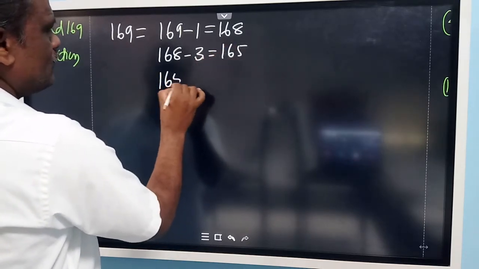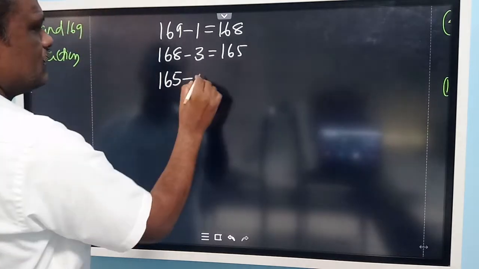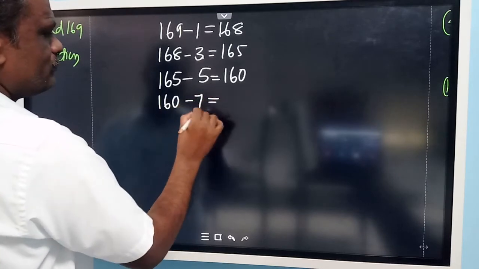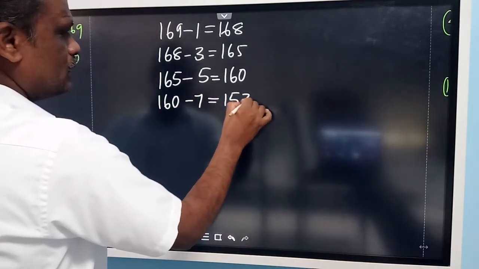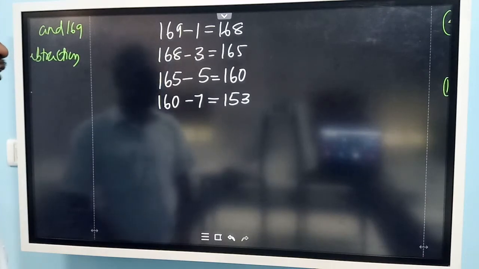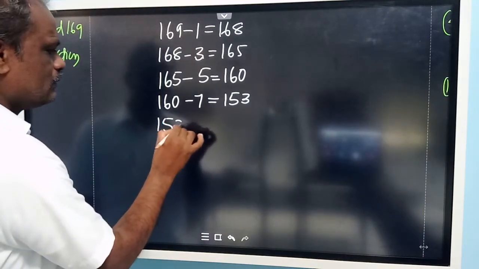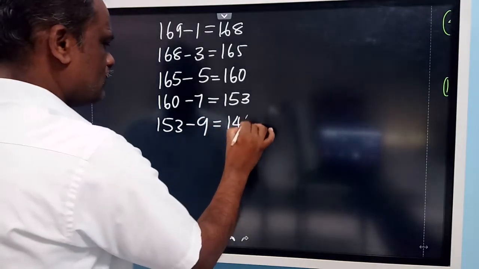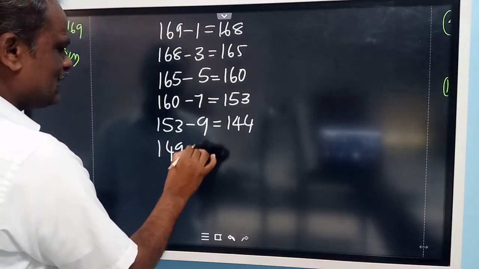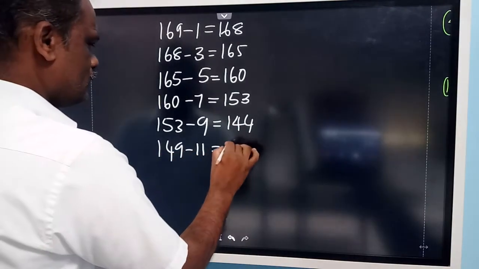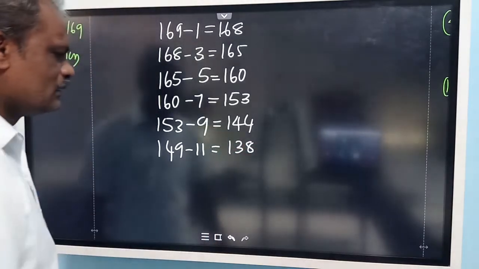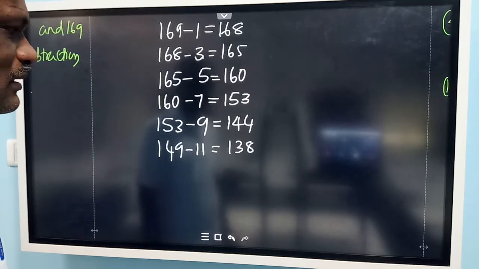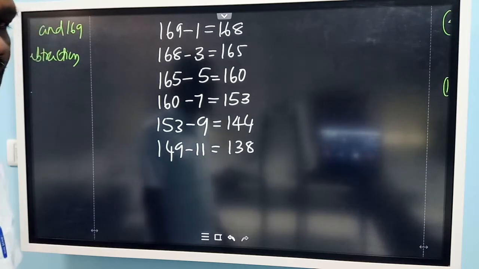Then 165 minus 5 is equal to 160. 160 minus 7, 153. 153 minus 9, 144. 144 minus 11.